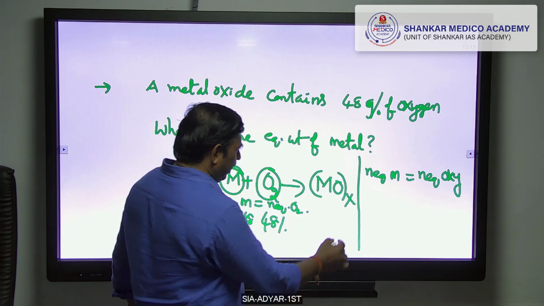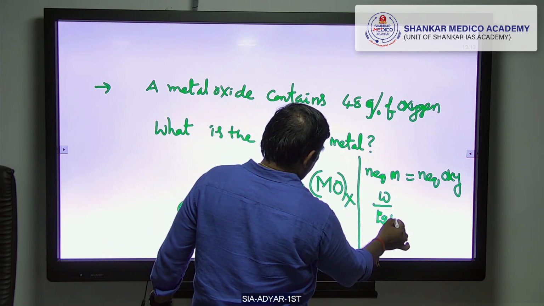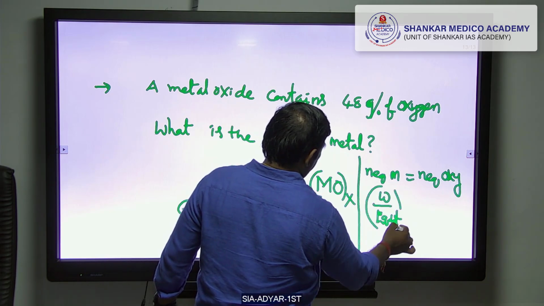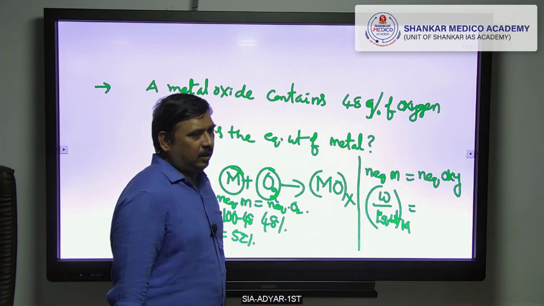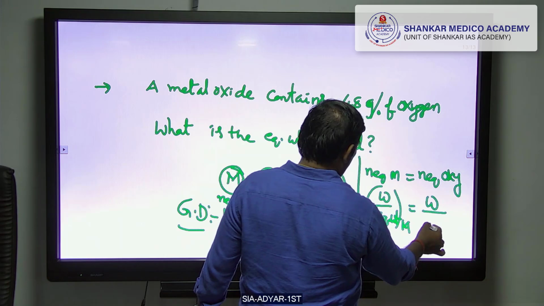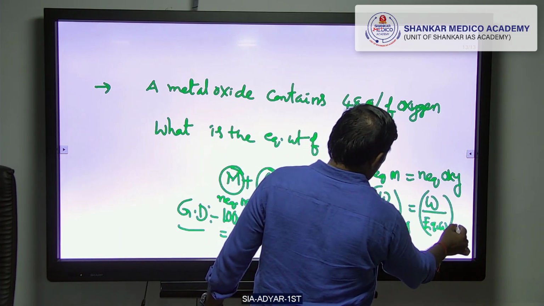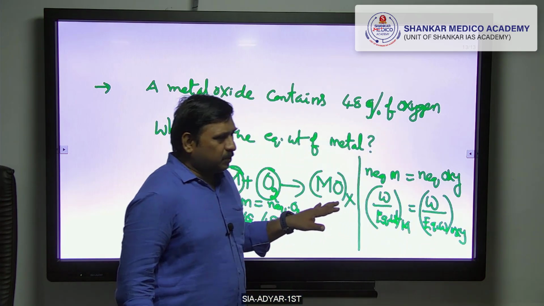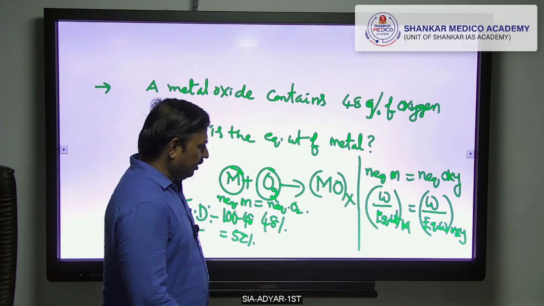How to calculate the number of equivalents? Weight divided by equivalent weight. This is regarding the metal. The number of equivalents of oxygen, how are we calculating? The weight of oxygen upon the equivalent weight of oxygen. This formula is required here for calculation of the equivalent weight of the metal.